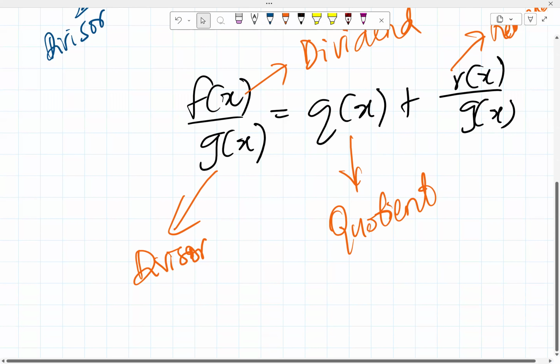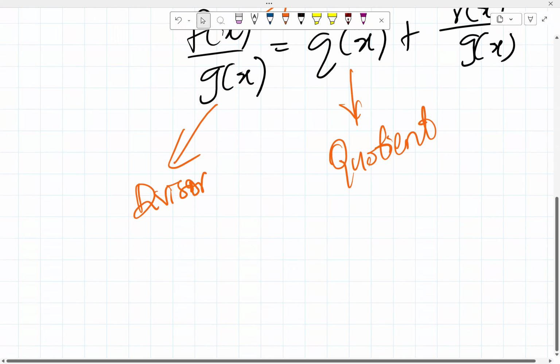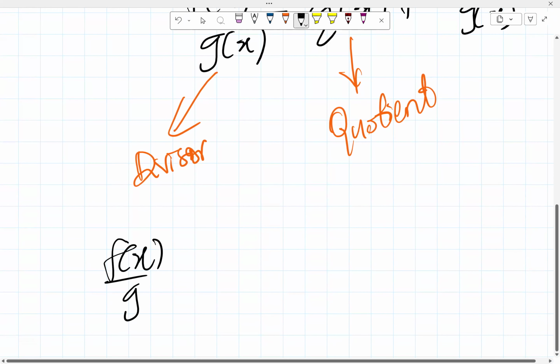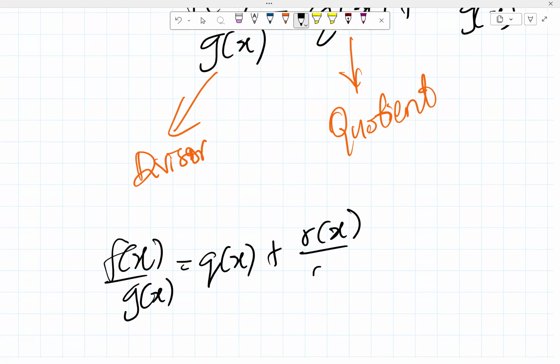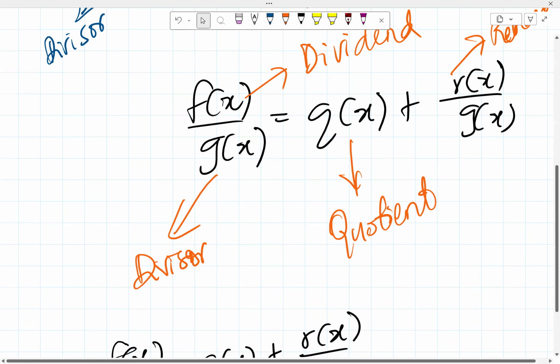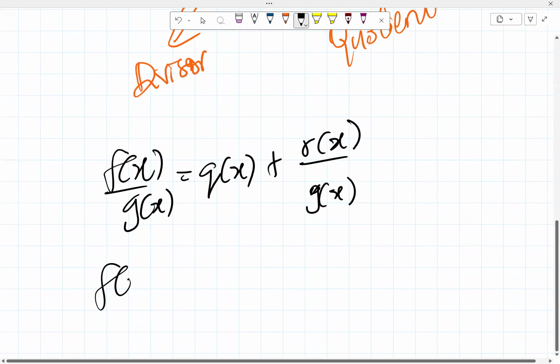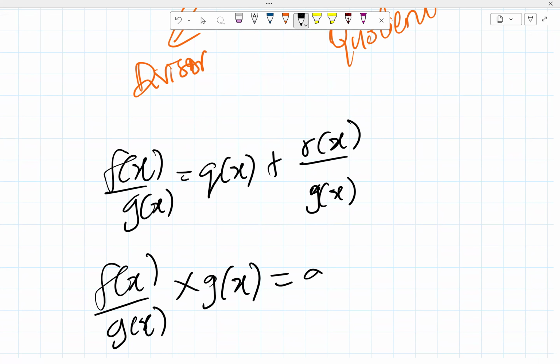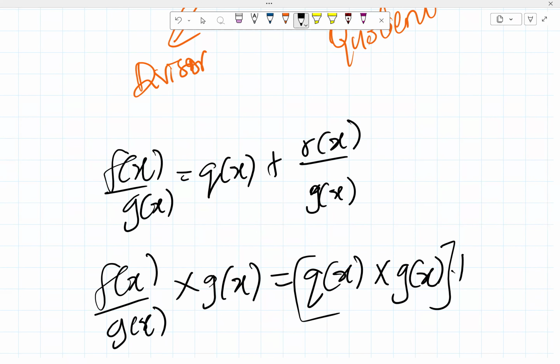So if you multiply through by g of x, you have f of x over g of x equals q of x plus r of x over g of x. Multiplying through by g of x, you have f of x over g of x times g of x equals q of x times g of x, plus r of x over g of x times g of x.